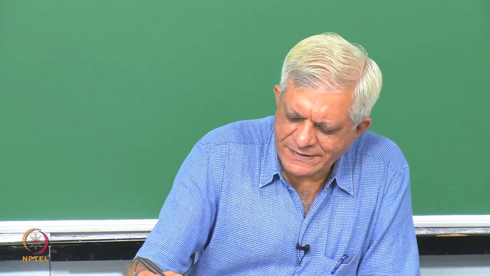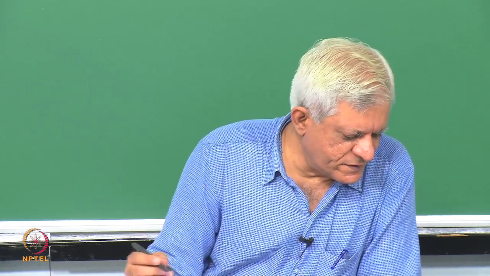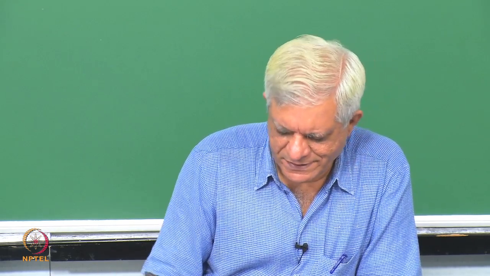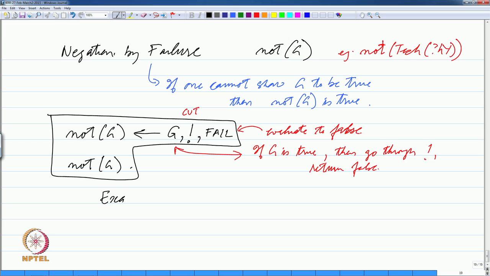So, a couple of examples of statements that use the cut, and we will probably look at it again later. So, you can define a number to be composite if the number is greater than 1 and not prime.